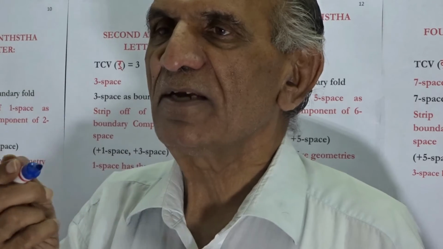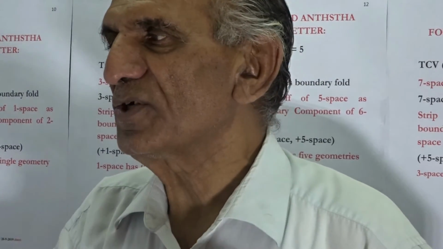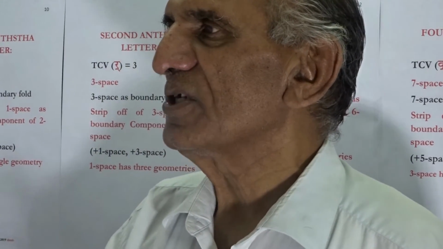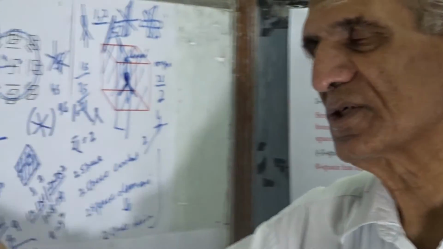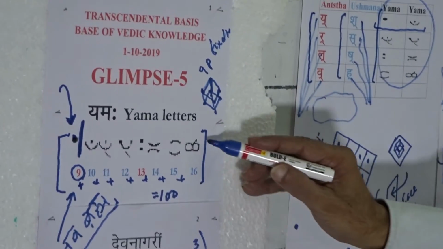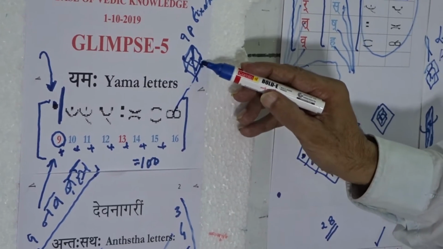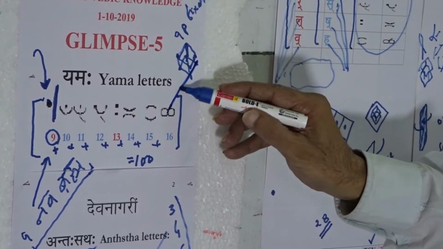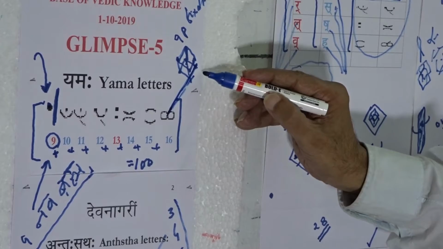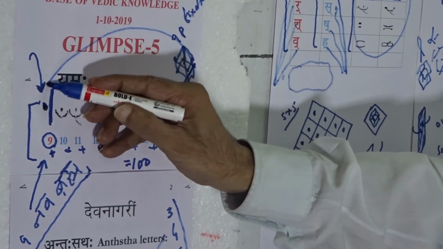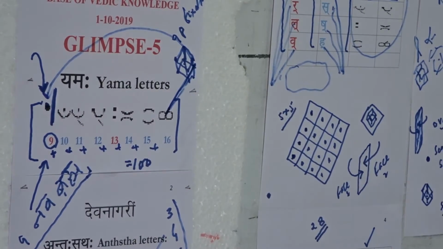This beginning and end at the same point is the ultimate value of the Yama letters. It is this Shikha, Akasha Shikha, which is going to be the reach at the first Yama letter.